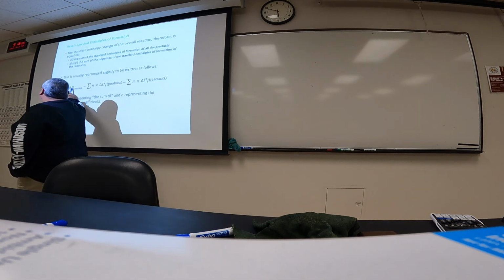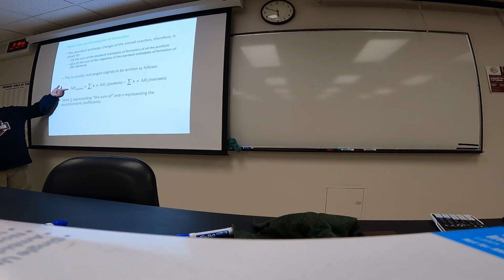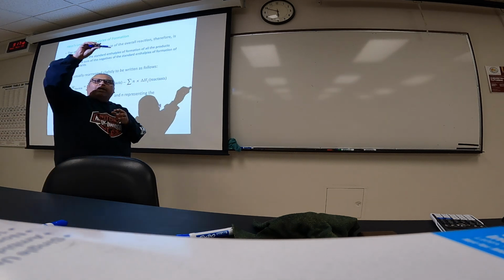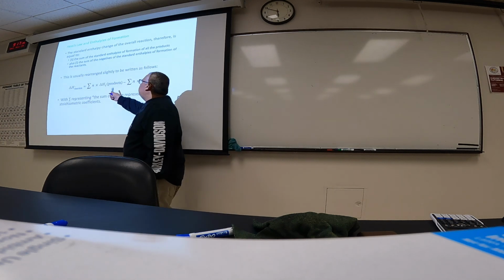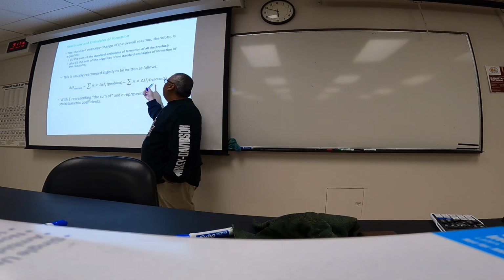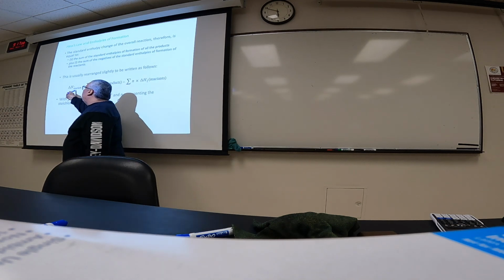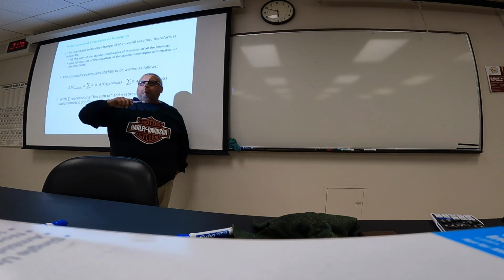This is what we need to know. We do similar stuff in 202 coming up next semester. What we're given, that table that I showed you that had all the enthalpies of formation, is the enthalpy of formation of the products and the enthalpy of formation of the reactants to get the enthalpy of the reaction.